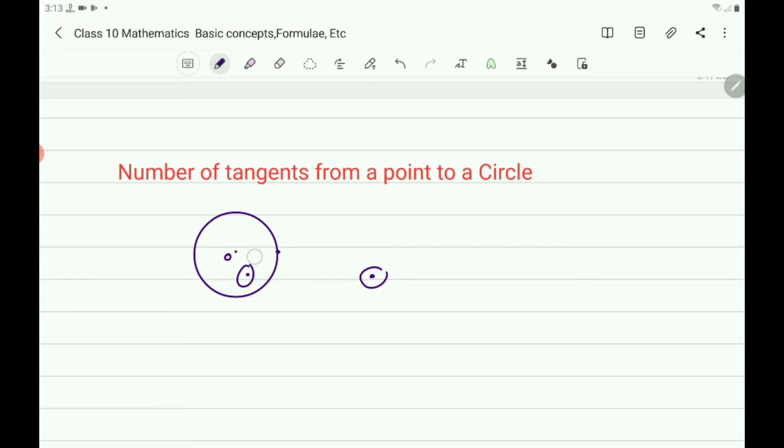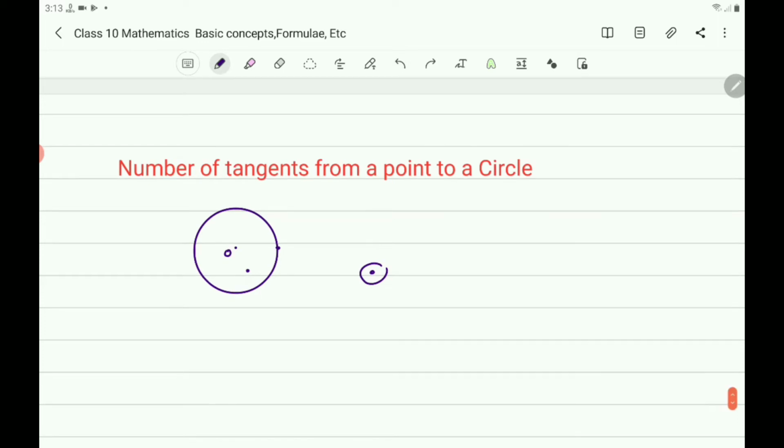Now just think, is it possible to draw a tangent from this point to the circle? No tangent can be drawn to a circle from a point lying inside the circle. And is it possible to draw a tangent at a point on the circle? Yes, you can draw a tangent to a circle at a point on the circle.